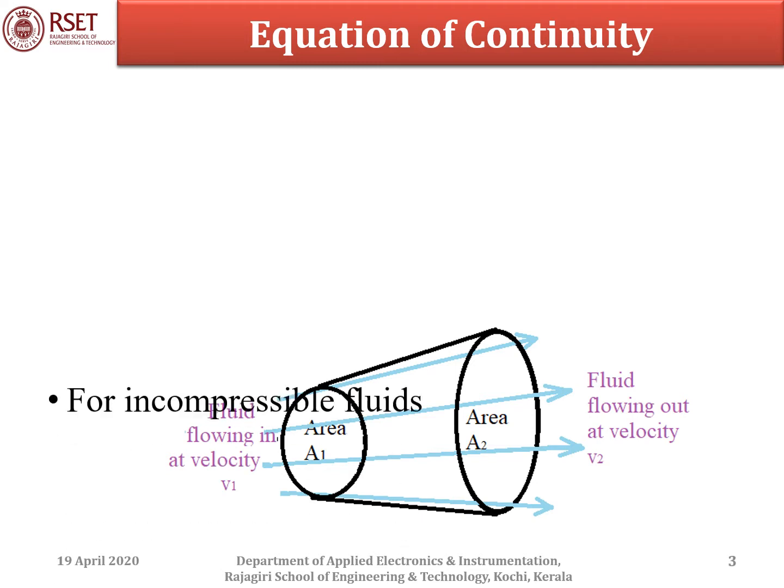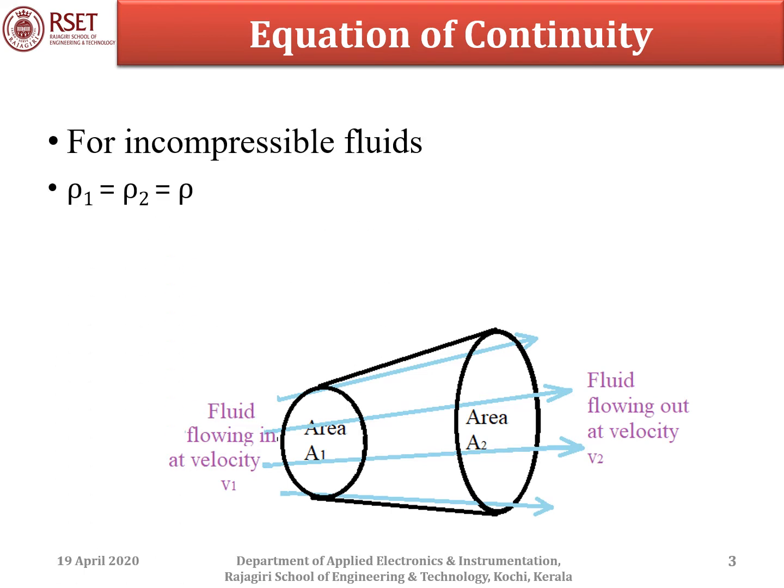For incompressible fluids, we can say ρ1 and ρ2 can be equated to a constant rho. That is, density will be constant throughout the flow. So we can simplify this as rho A1 V1 is equal to rho A2 V2.